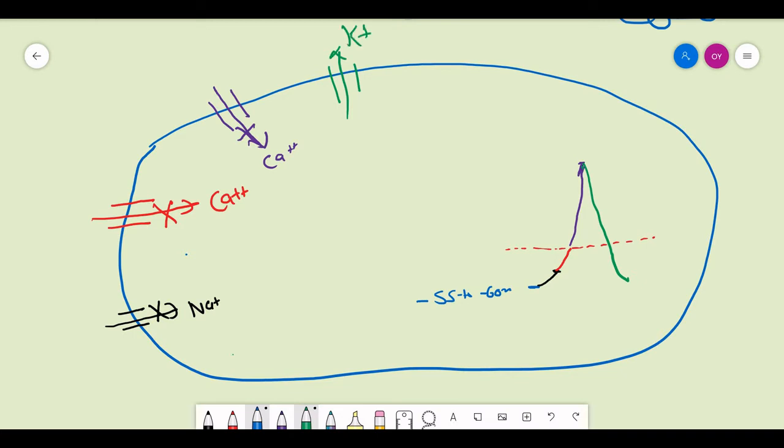As the calcium channel closes and the potassium channel opens, potassium will move out and the membrane potential will move towards the resting membrane potential. And as it reaches the resting membrane potential, now again which channel will open? This sodium channel will open.